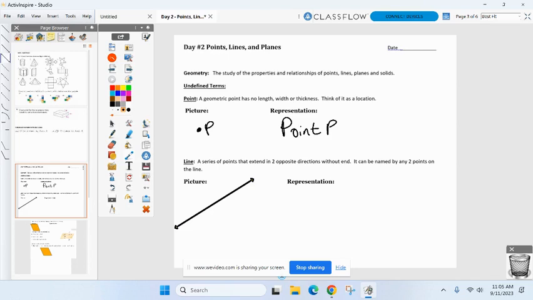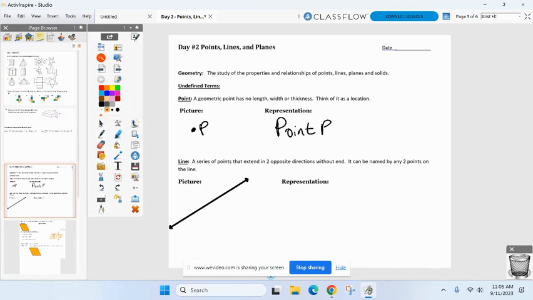So it does matter. If you're drawing a line, you have to have arrows on both ends. All righty? Now remember, I said it's an infinite amount of points put together. So why don't we put some points on this line? A, B, and C.